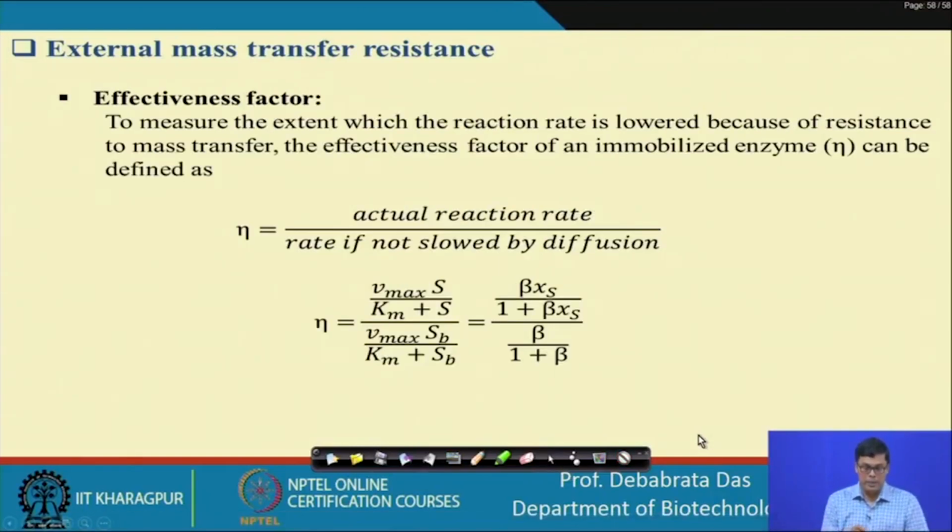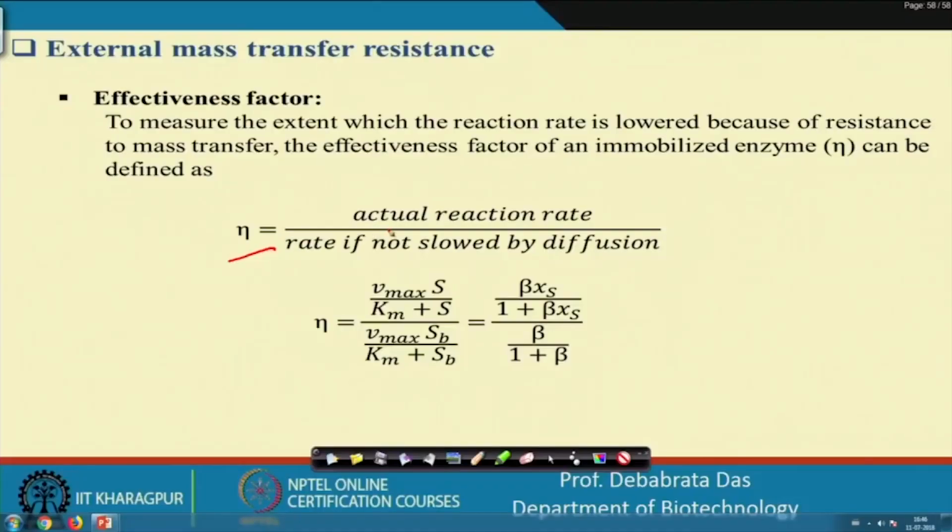Now again, there is a parameter called the effectiveness factor. The effectiveness factor determines how diffusion affects the rate of reaction. This is the actual reaction rate divided by the rate of reaction when there is no mass transfer limitation, that means when all substrate is available for the reaction.